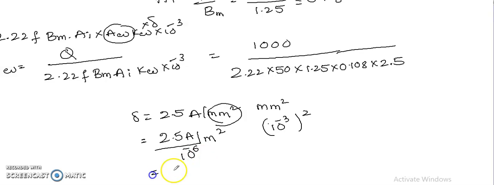If you take this 10 to the power of minus 6 in numerator, it will become plus 6. So delta will be equal to 2.5 10 to the power of 6 ampere per meter square. Correct? Substitute that.